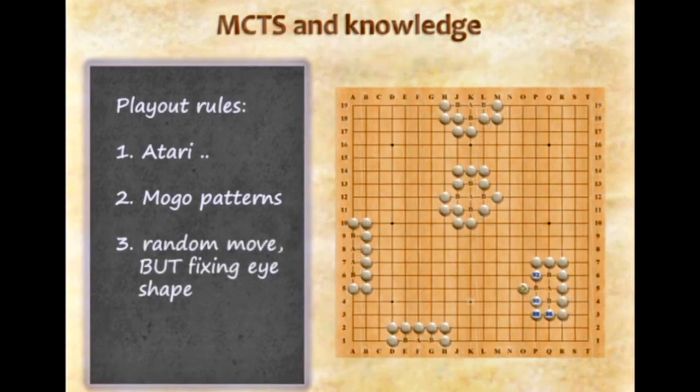The third part is improving horrible eye-shape destruction moves. We must make the engine, as white, play at A when it tries to play at B, otherwise it is killing its own group. We can live with the fact that the playouts do not understand the urgency of playing at A, because that would require a long analysis about what other possible ways of living the group has.